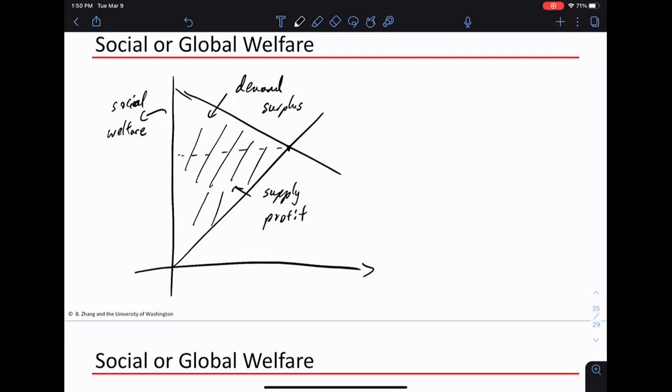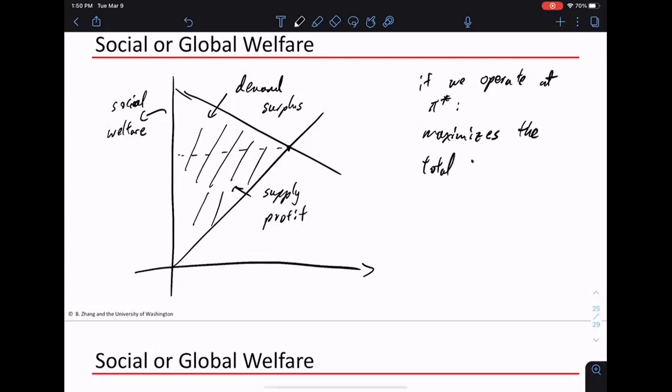So the fundamental theorem here is, if we operate at pi star, this maximizes the total social welfare.